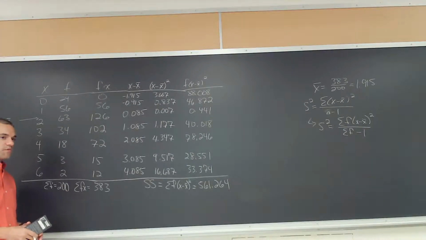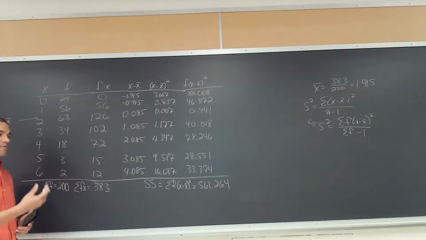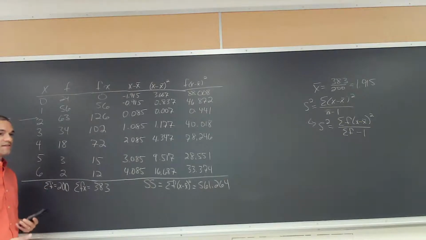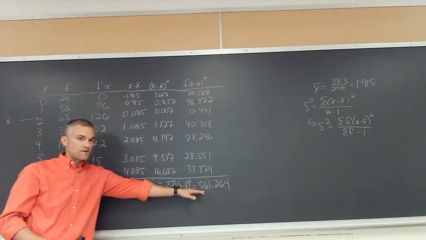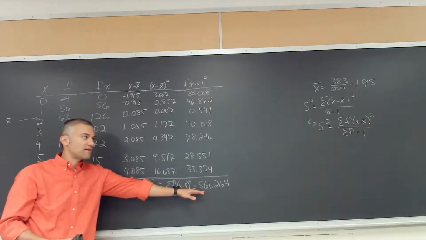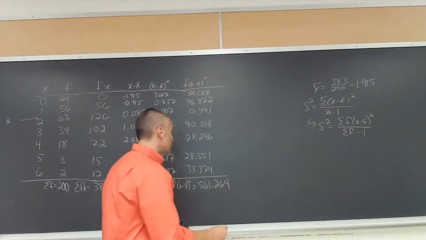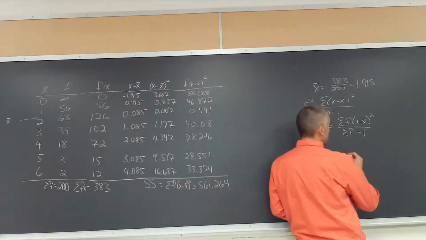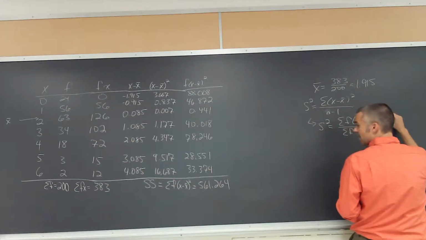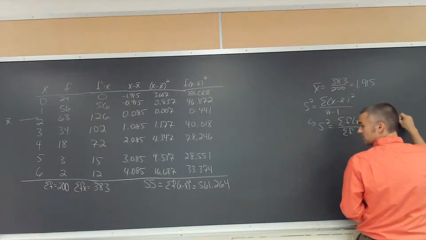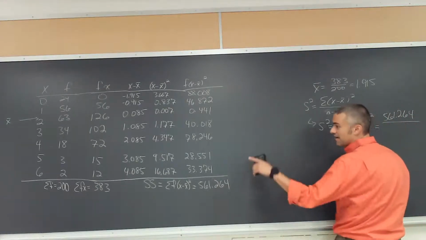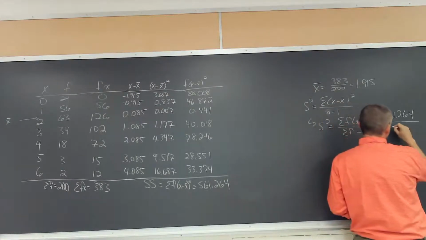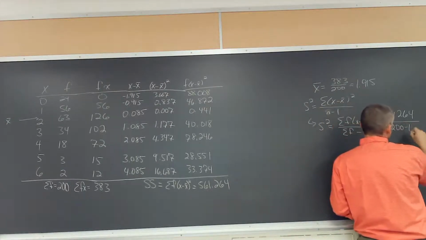As we add samples, this number will continue to increase in size. We're not done yet, because our variance is the average of our square deviates. That's what a variance is. So what we're going to have to do now to finish this out is take 561.264 and divide it by the sum of our frequencies, which is 200 minus 1.